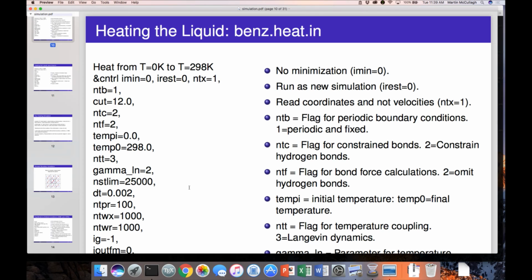One of the files that Amber will produce is probably called an mdinfo file, unless you change the name of it.